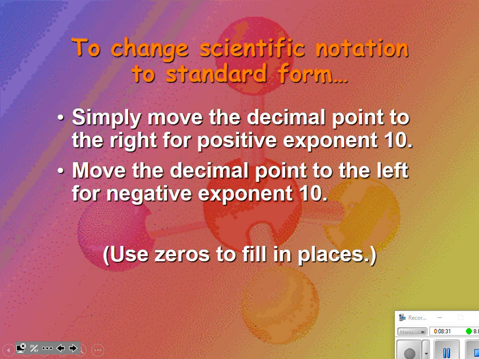So positive exponent, move it to the right. Negative exponent, move it to the left. Fill in the places that you've moved it with zeros.